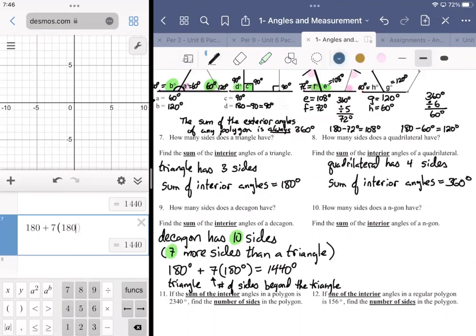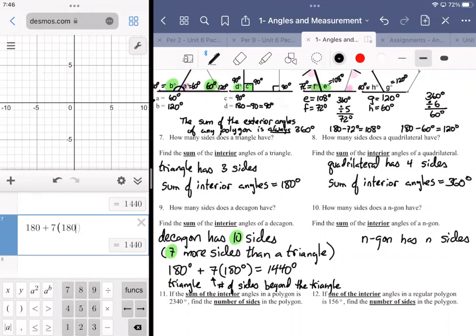So an n-gon has n sides, right? So it's like, all right, well, what do we do here? Because it's hard to say it's 20 more sides than a triangle or 50 more sides.